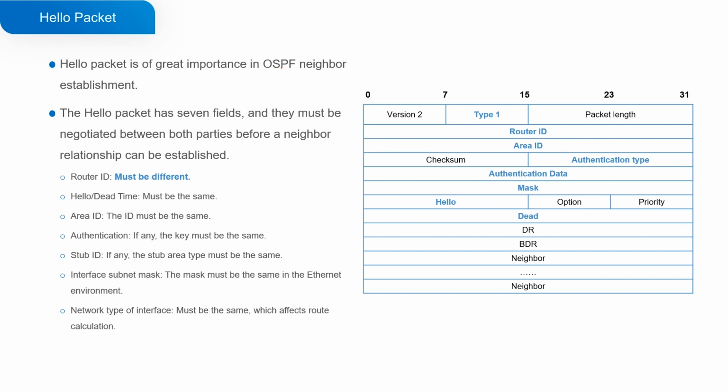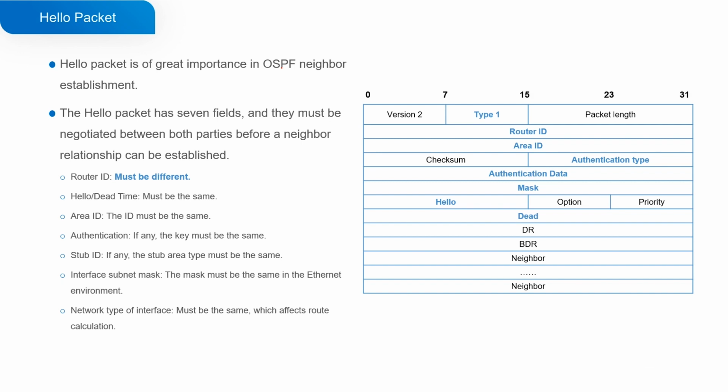And after we build the neighbor relationship, we have to send the Hello packet to maintain the neighbor relationship between each other, right? We have to keep the neighbor relationship between two routers. So this is the Hello packet function.